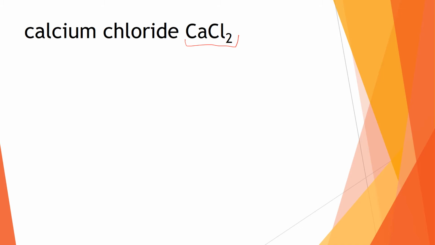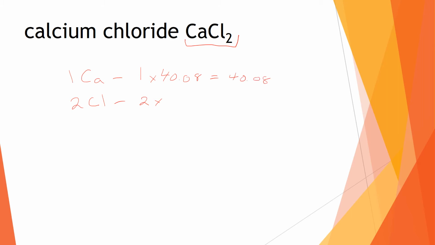In a molecule of calcium chloride, we have 1 atom of calcium and 2 atoms of chlorine. So 1 times calcium is 40.08 grams per mole.